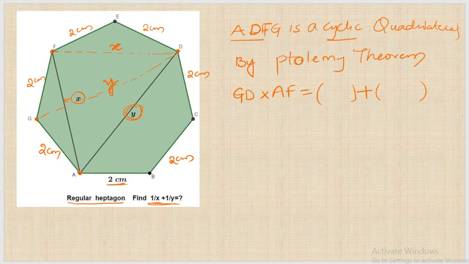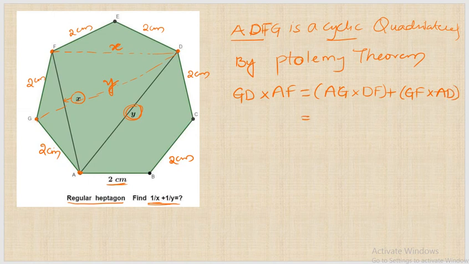What are the opposite sides here? If I consider AG, its opposite side is DF, so it is AG into DF, plus the other sides GF into AD.